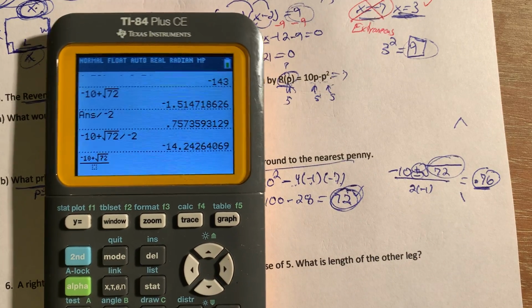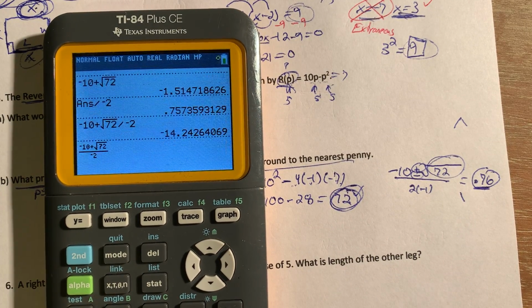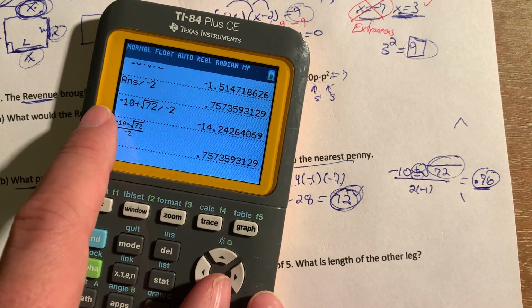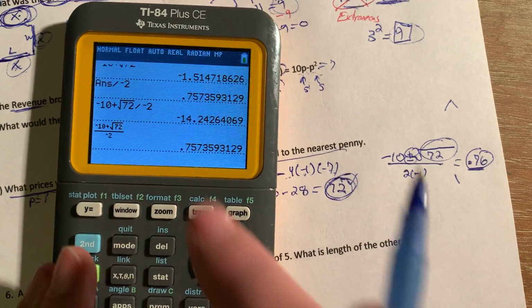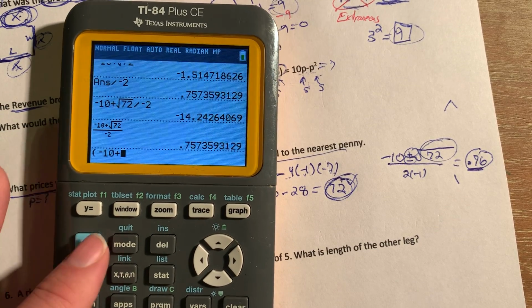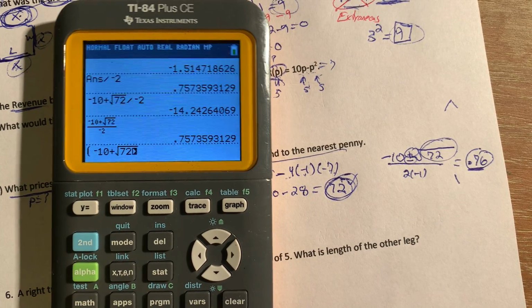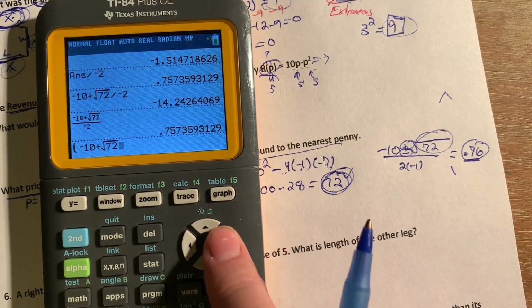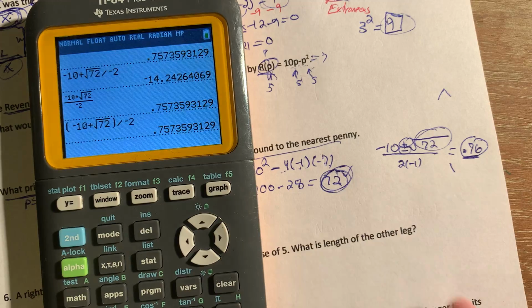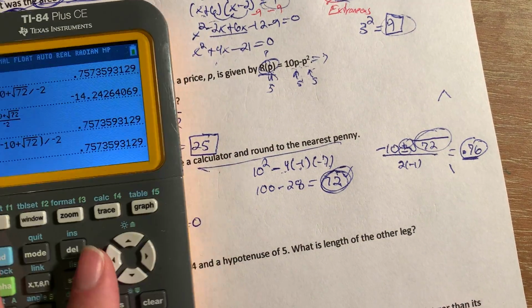You do want to be a little careful depending on what kind of calculator you're using. Like this comes back out to the right answer. Not to do it all written out sideways like this and have it only divide. I also could have used parentheses. So this is another way I could have written it correctly: the whole top divided by negative 2, and now it's going to come out right again. So you got to be a little careful about how you enter that in.